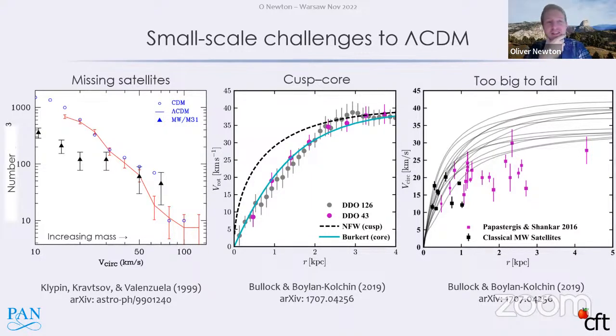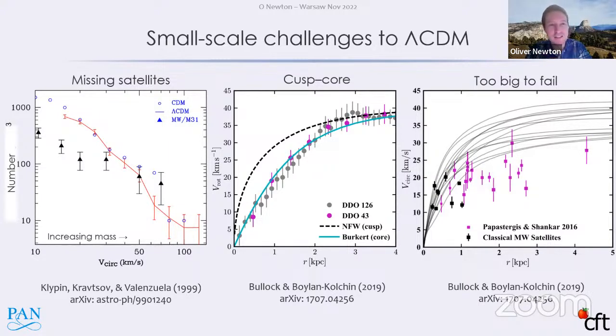So on the left-hand side, I have a plot of basically the number of galaxies, I think normalized by volume, as a function of, in this case, circular velocity, or you can take that as a proxy for mass.